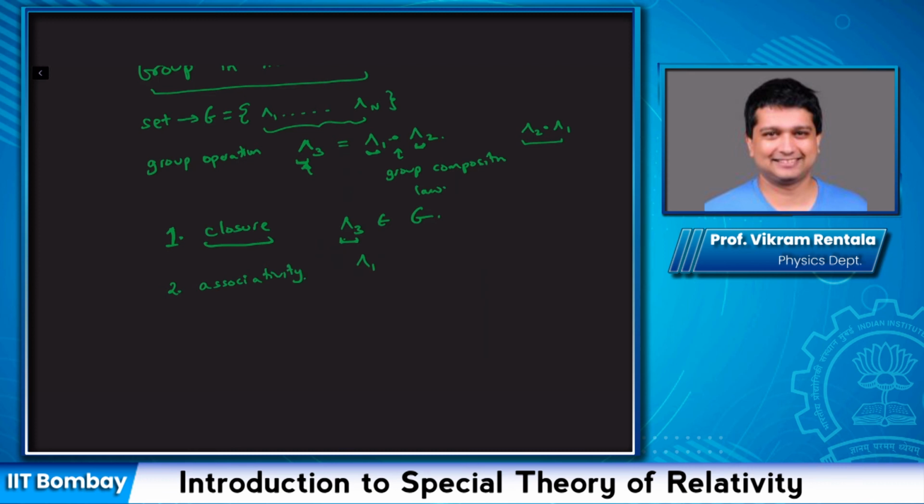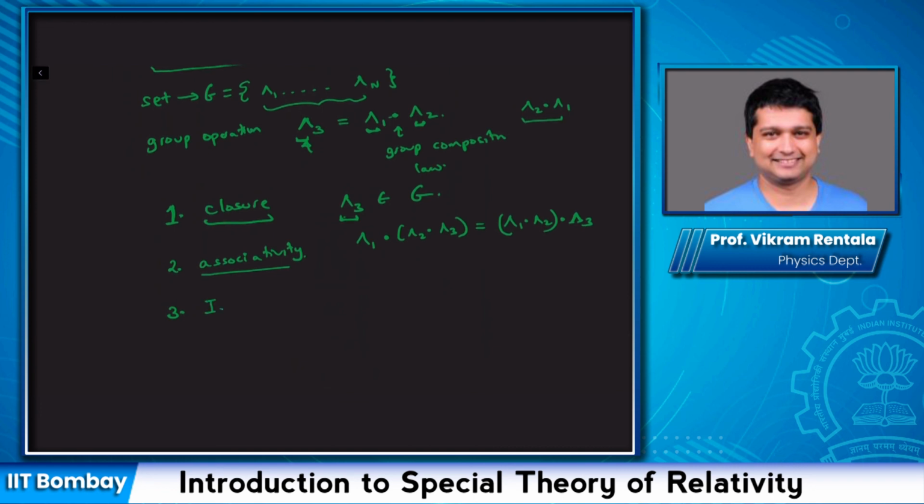That is, if I take a composition of lambda 1 acting on the product of lambda 2 and lambda 3, since lambda 2 and lambda 3 belong to the set G by the closure property, lambda 1 acting on those should also belong to the set G. This should be the same as first composing lambda 1 with lambda 2 and then acting on the element lambda 3 and then seeing what we get. So this property is called associativity. And the group operation should satisfy this property.